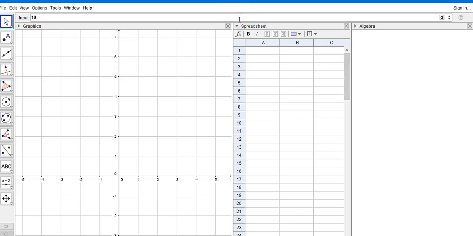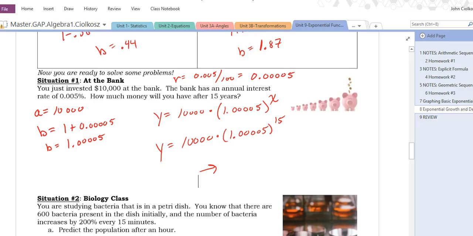So 10, 1, 2, 3 times, and outside those parentheses up to the 15th. So $10,007.50. That's how much money we have after 15 years.